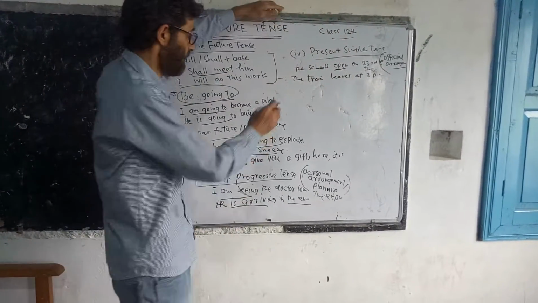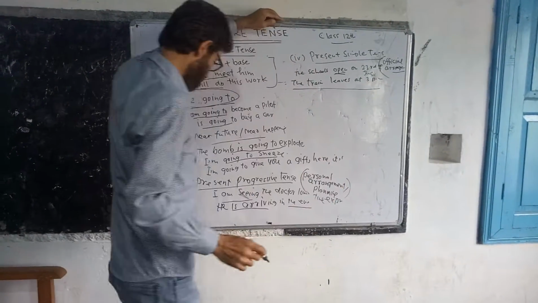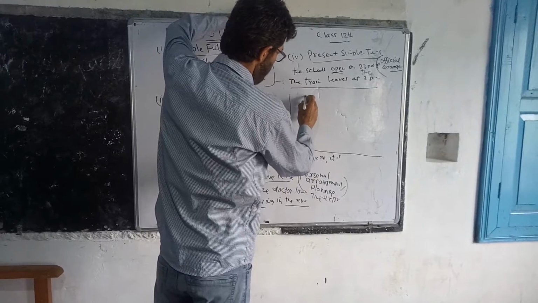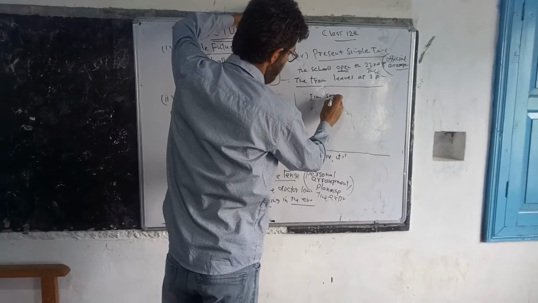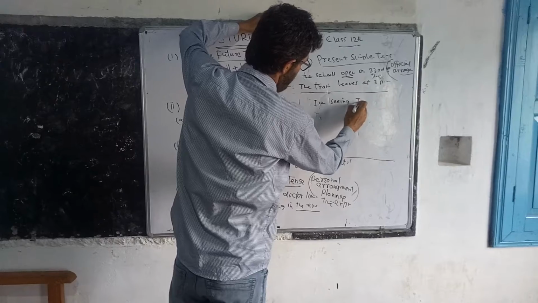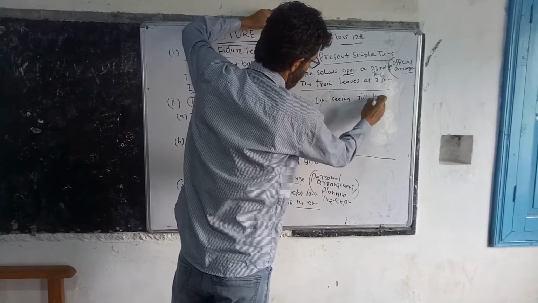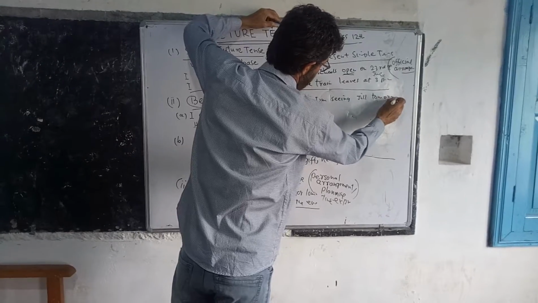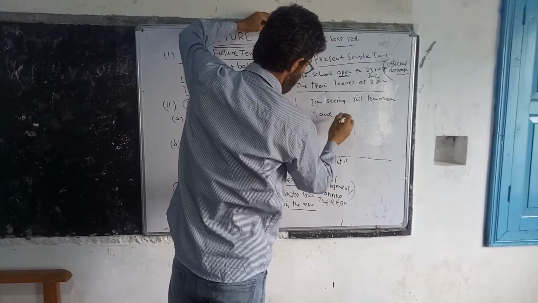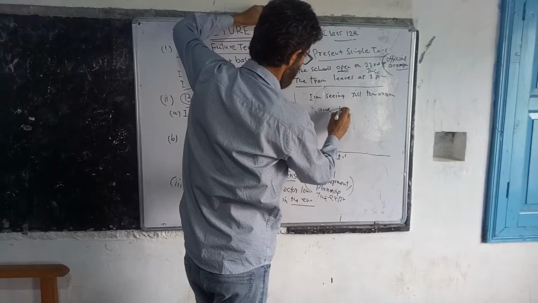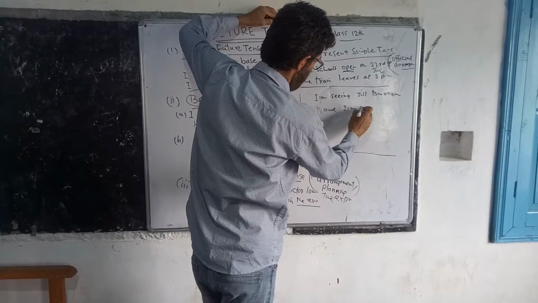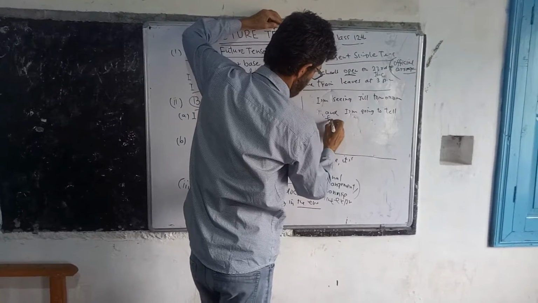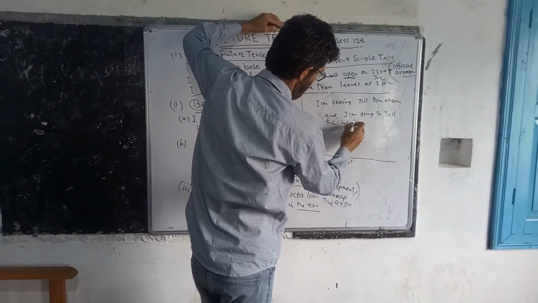ठीक है ना? चलो एक और बात आपको बतानी है यहाँ पे. एक example है, I am seeing Jill tomorrow and I am going to tell him what to do.